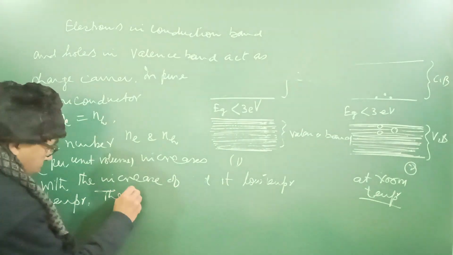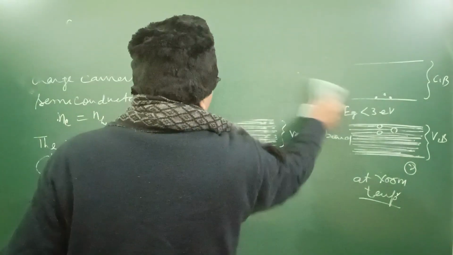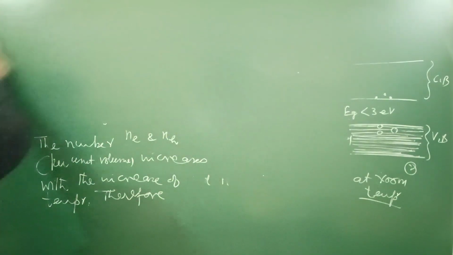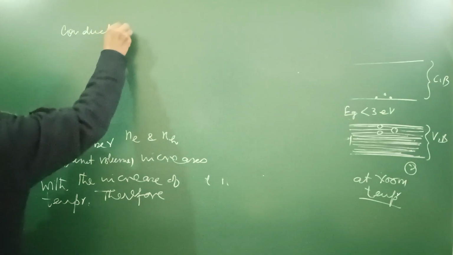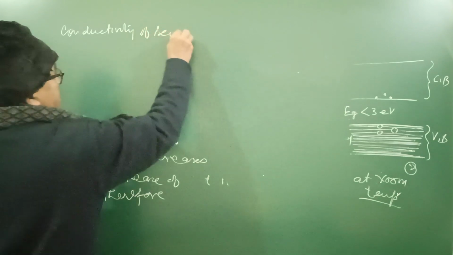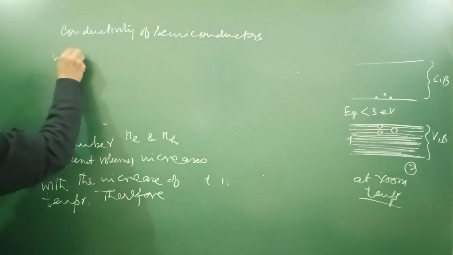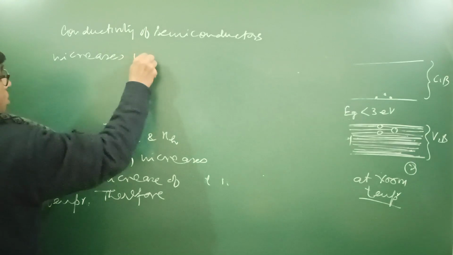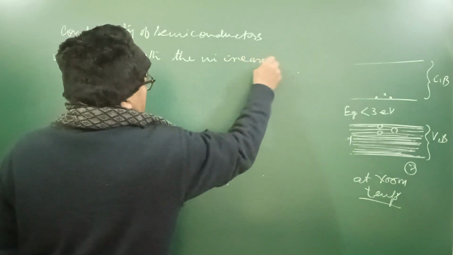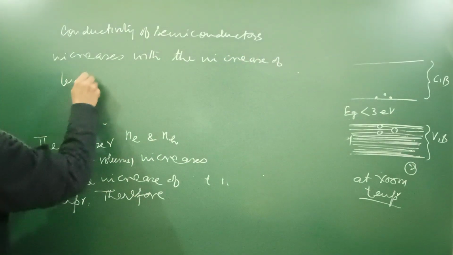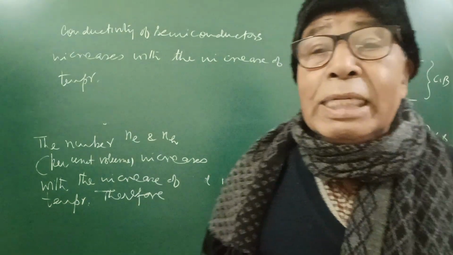Therefore, the conductivity of semiconductors increases with the increase of temperature, while in metals it is reverse: on increase in temperature conductivity decreases.